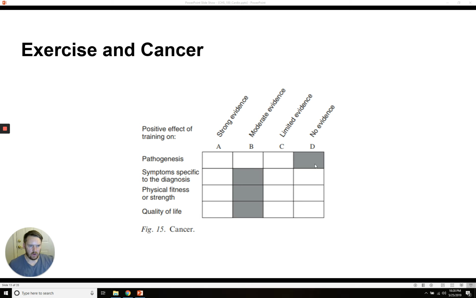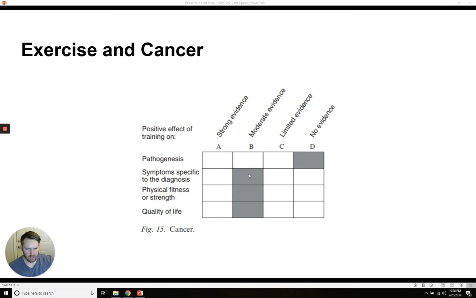Cancer, no evidence to suggest that exercise will prevent you from getting cancer. I think this is probably somewhat of a no-brainer. Cancer is really not necessarily related to you exercising or not. There's usually some sort of external factor that's involved, or possibly even some genetic components to it.